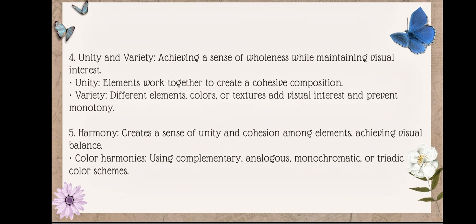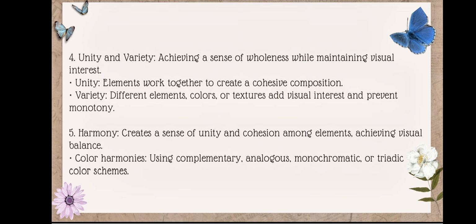Unity: elements work together to create a cohesive composition. Variety: different elements, colors, or textures add visual interest and prevent monotony. Harmony: creates a sense of unity and cohesion among elements, achieving a visual balance.